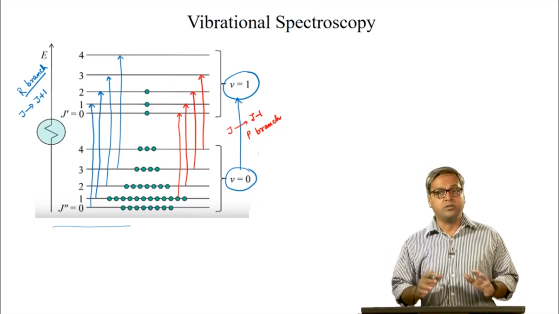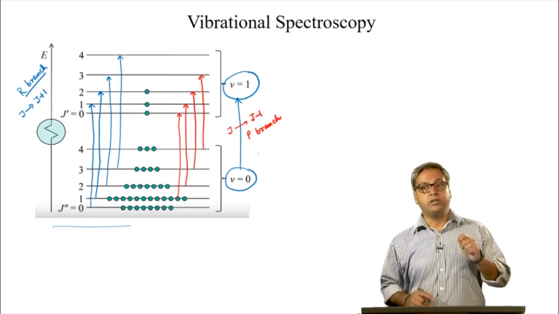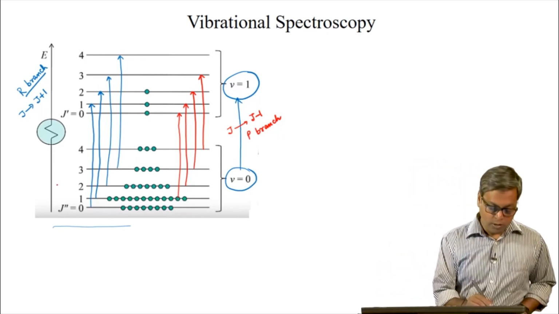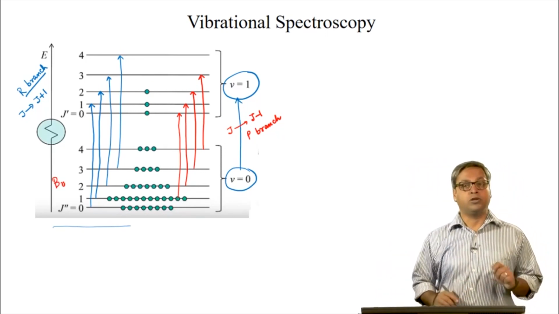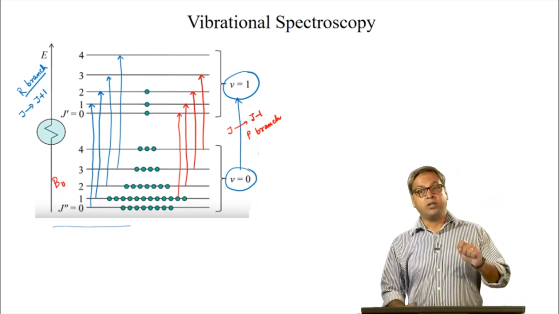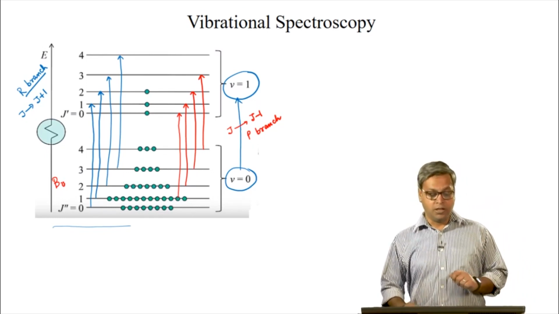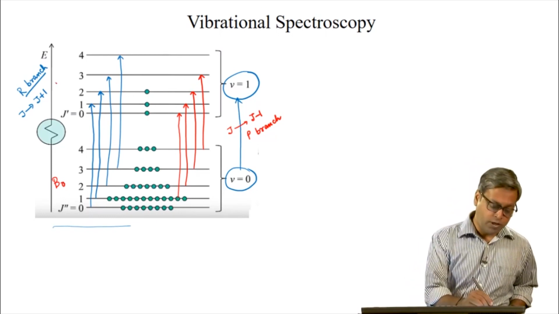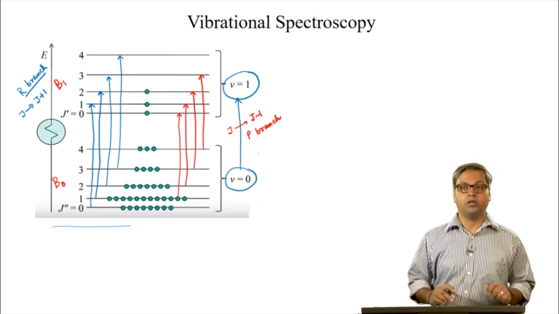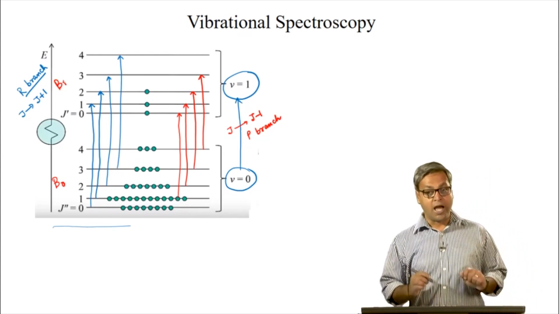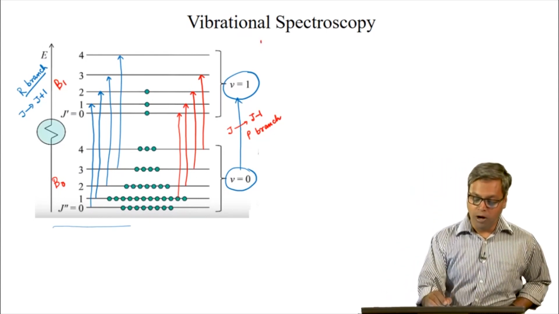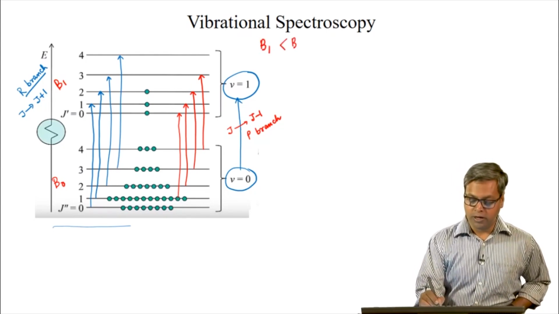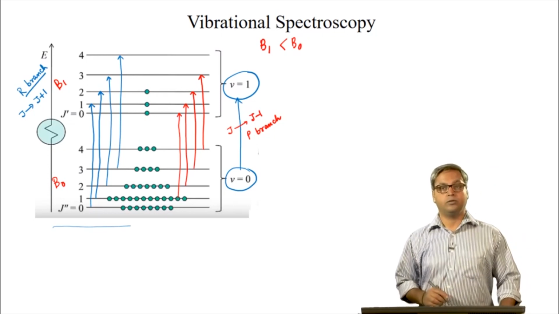So, the rotational structure in the V equals 0 state is associated with the B 0 rotational constant, but the rotational structure in the V equals 1 state is associated with the B 1 rotational constant. And as we know, B 1 is slightly smaller than B 0.